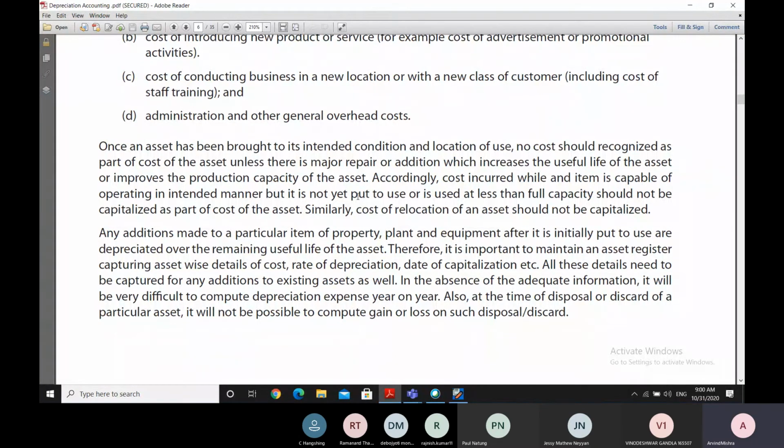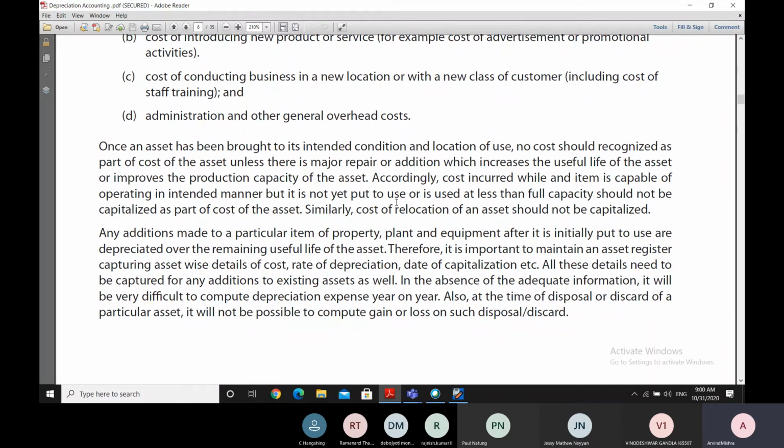Just for the reason that the full capacity has not been realized so far, and it is not yet put to use. So for that reason, any expenditure that is made should not be added to the cost, because even if the item is not being used, it is at least brought to the condition and location.